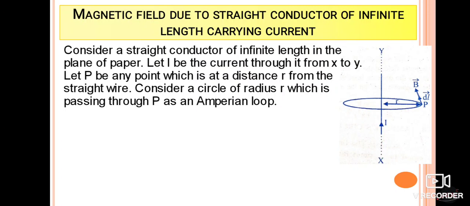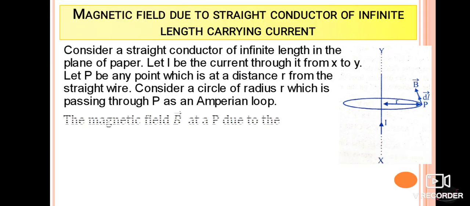So here we have taken one straight conductor of infinite length and the current I flowing from x to y, and P is a point at a distance r from the straight wire. Then we consider a circle of radius r passing through the point P, and that is called an Amperean loop.